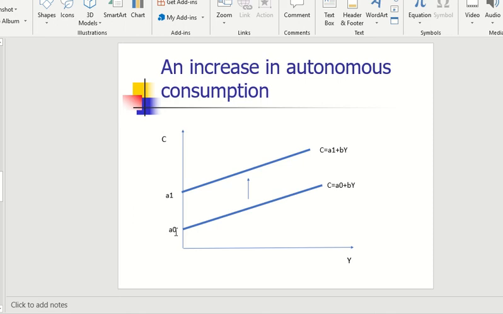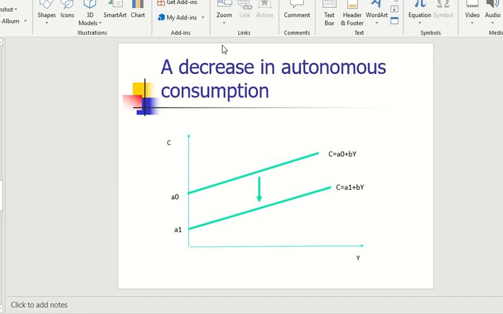Suppose now it has increased to $80. You can see that the y-intercept moves up. So the whole consumption function shifts upward. We have a sub 0, which is the initial autonomous consumption, and now we have a new autonomous consumption, a sub 1.